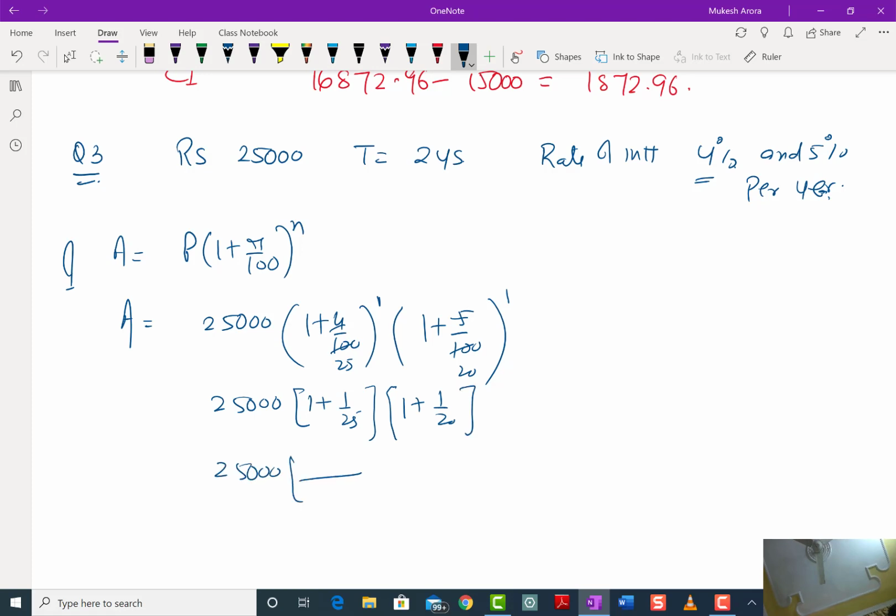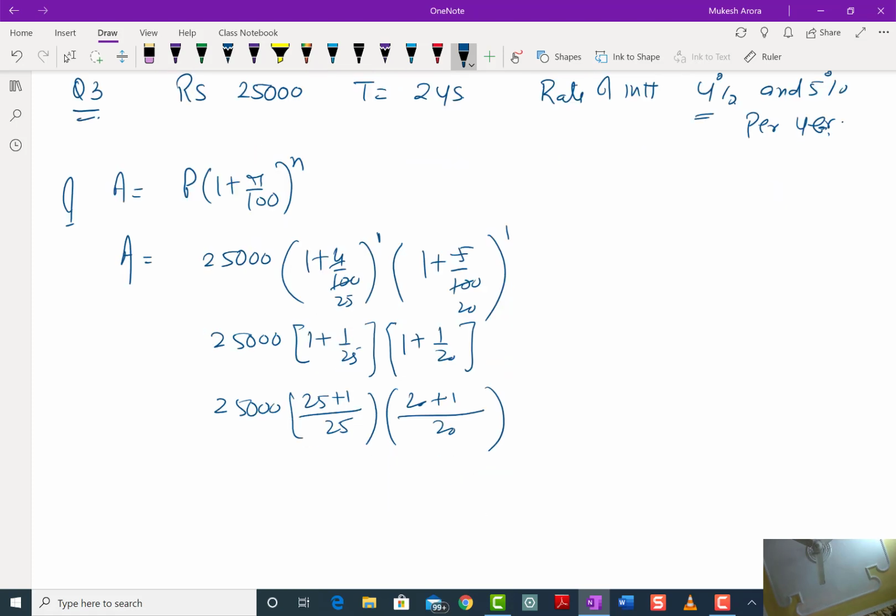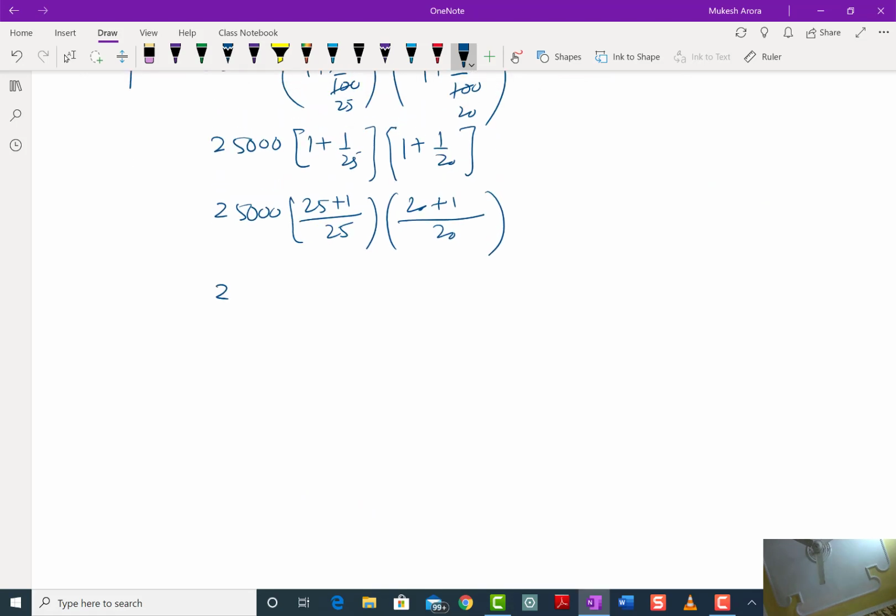So 25,000 into 26 by 25 into 21 by 20. Reducing it, the answer will be 27,300, and the compound interest will be 27,300 minus 25,000, so it will be 2,300.